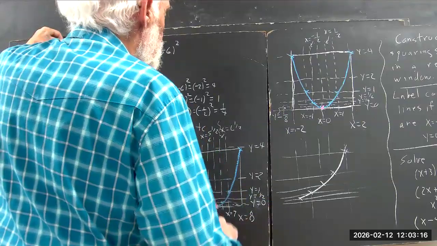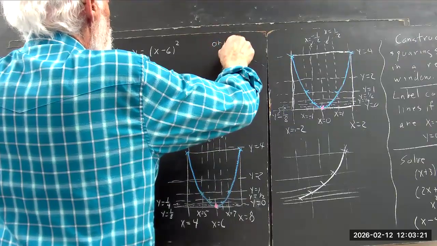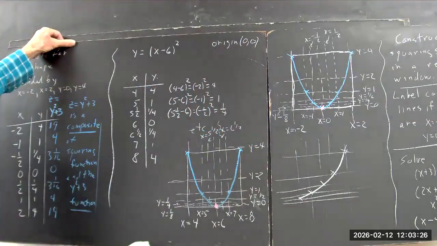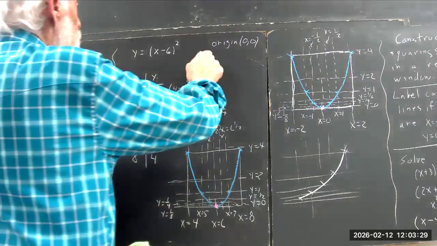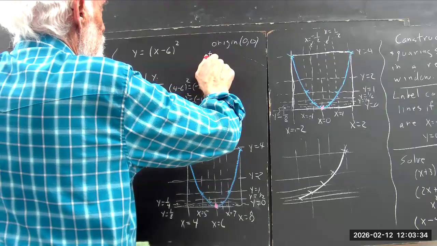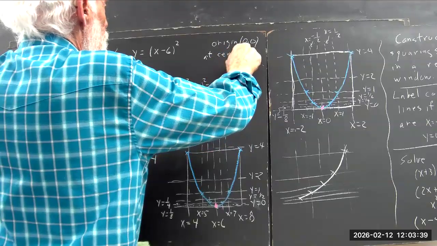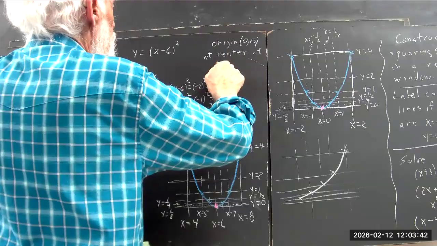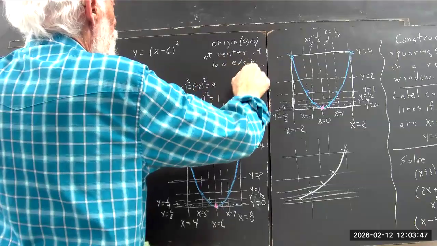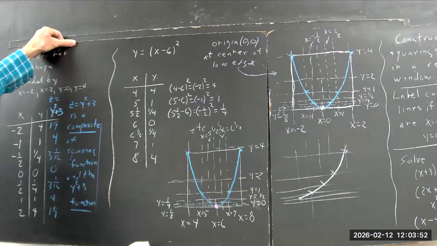And I can make the statement, the origin 0, 0 of an XY coordinate system is at the center of the low edge on the graph of x squared.